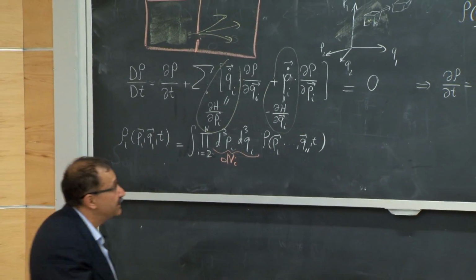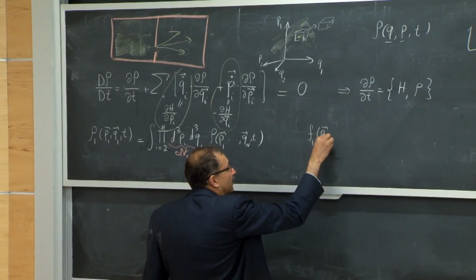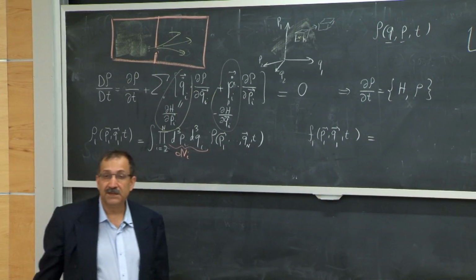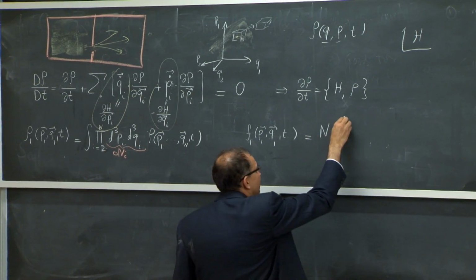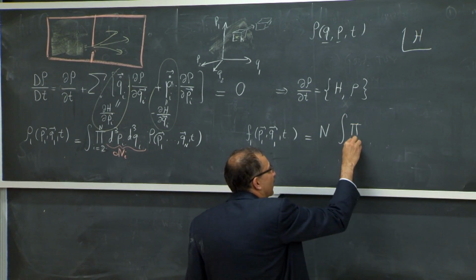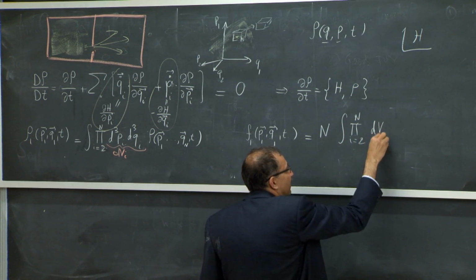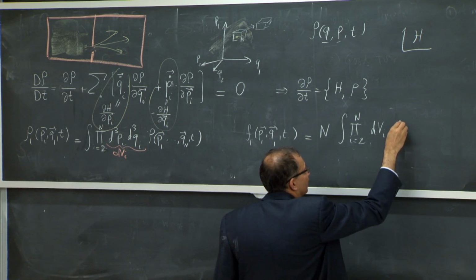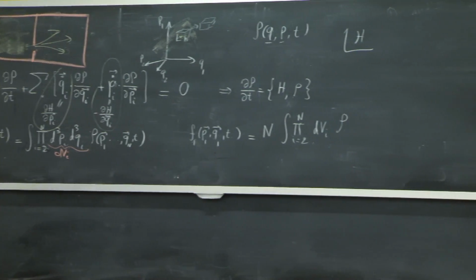Typically, we may be interested in something else that I'll call F1 of P1, Q1, t, which is simply n times the integral, product i from 2 to n of dVi, of the full rho. And why do we do that?